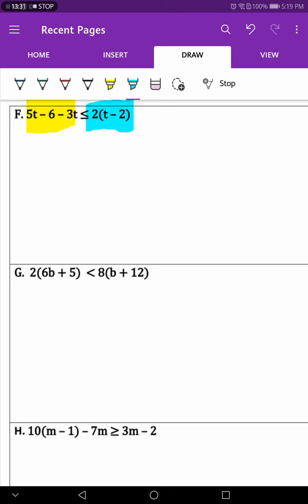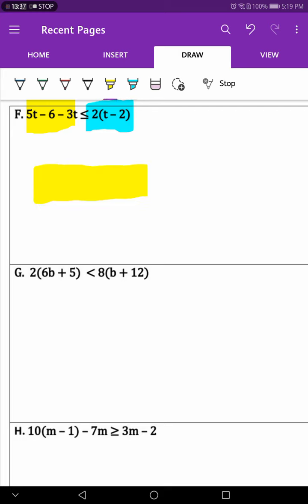So this is the left and the right side. Okay, and I will do this for the left side, and I will do this for the right side. And as I learned, my student, first of all, break the parentheses here, so I will get 2t minus 4.